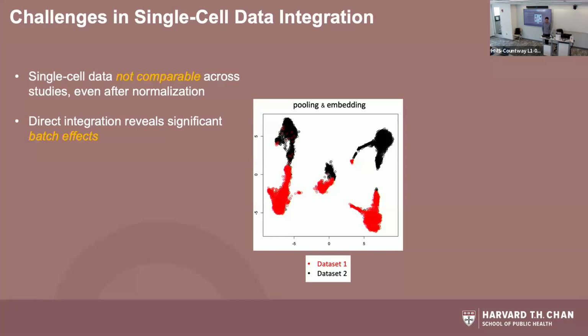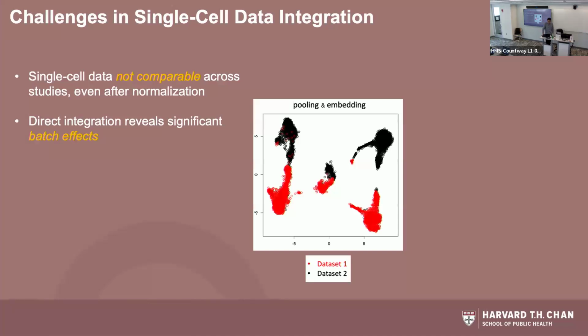We can imagine that some analytical strategy might be able to remove that gap between the two data sets. It turns out that by conceiving this problem as manifold alignment, for each data set there is some low dimensional structure, and we want to identify that structure and align it within the two data sets.